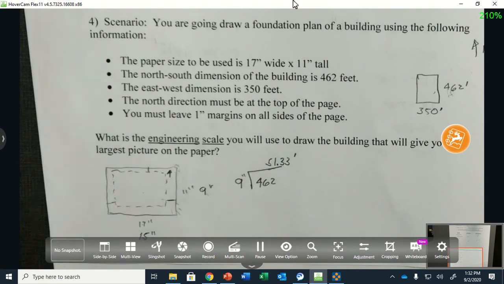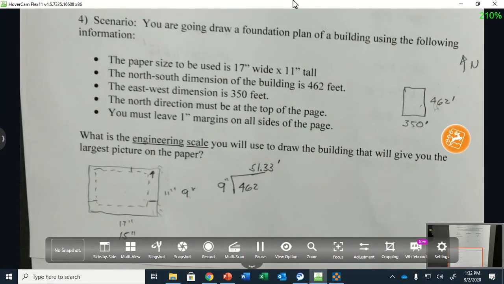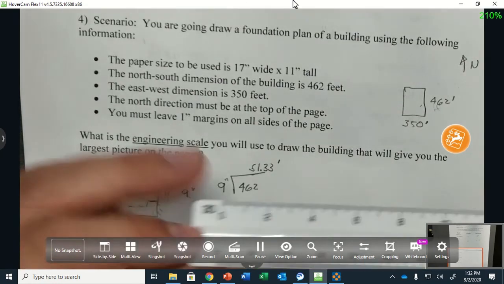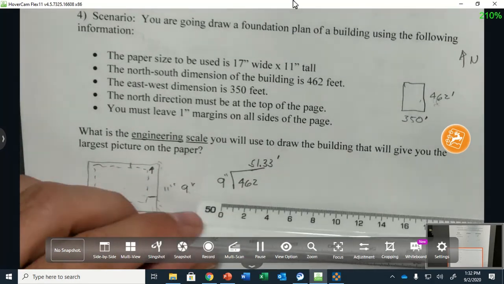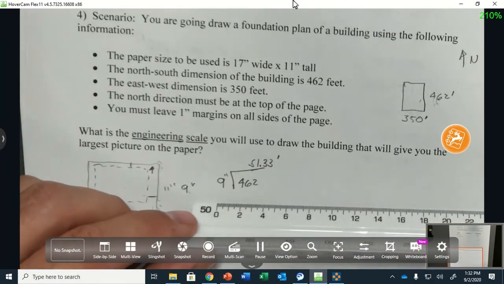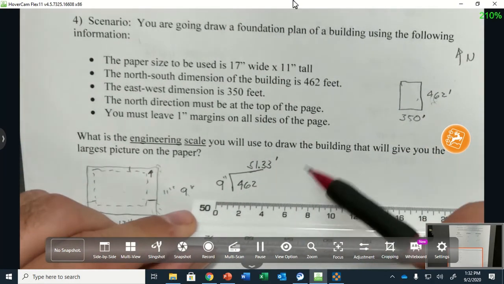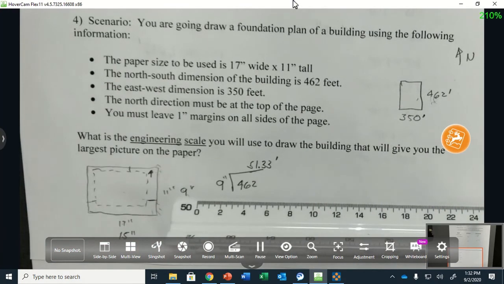So now, engineering scale. Do I have a 51.33 foot scale? I do not, okay? So if I use 1 inch equals 50, I can only fit what?